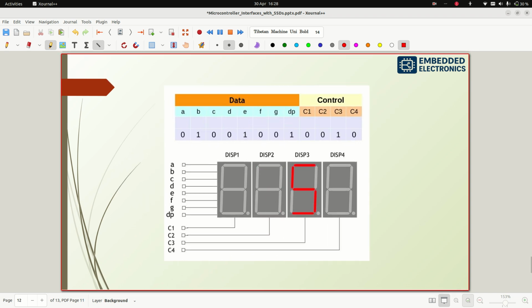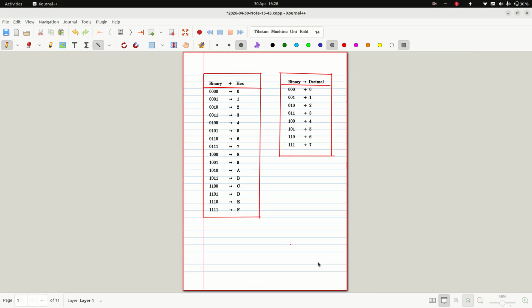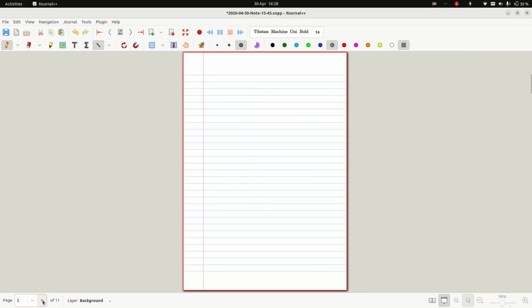Okay, let's write the code, but before that let's discuss about the code. So here in common cathode, to turn on, we need to consider the particular pin as high.